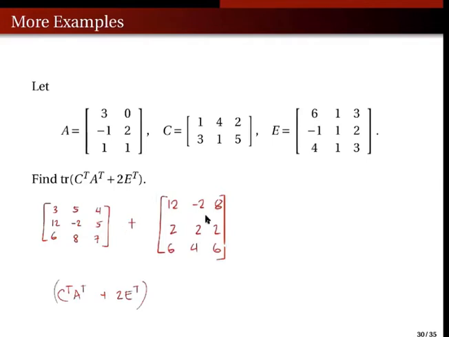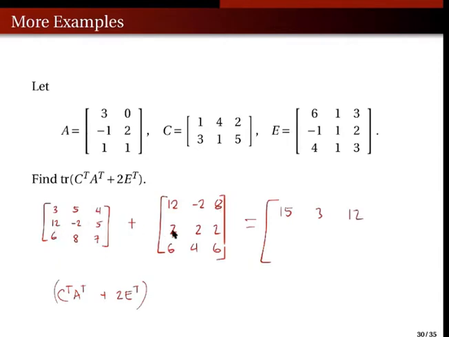Okay? So if we add that, you can add everything. You have 3 plus 12, that's 15. So that's the first entry. 5 plus negative 2, that's positive 3. 4 plus 8, that's 12.